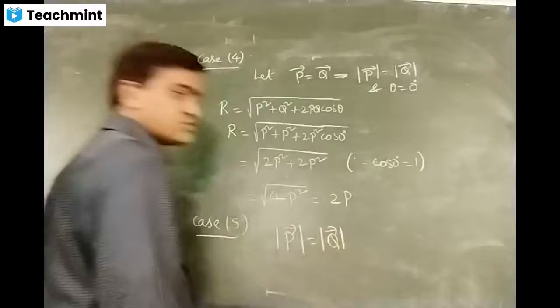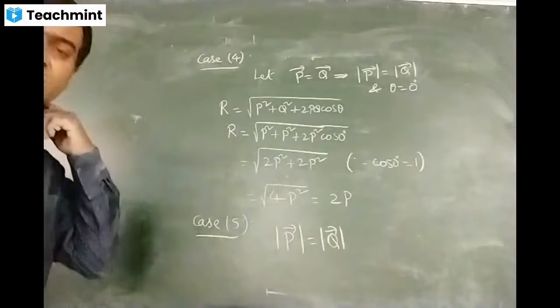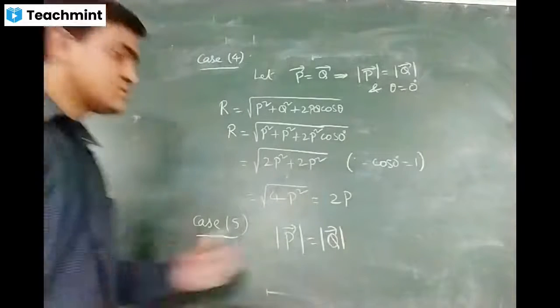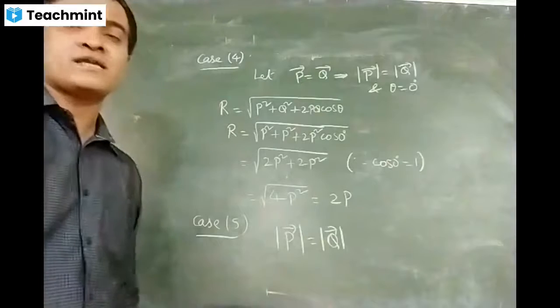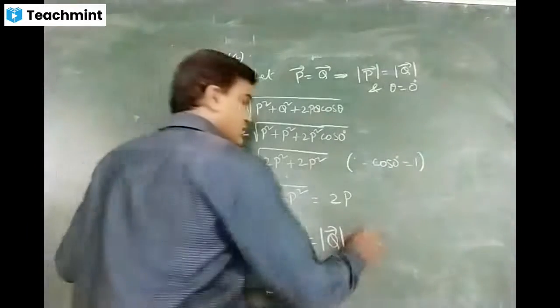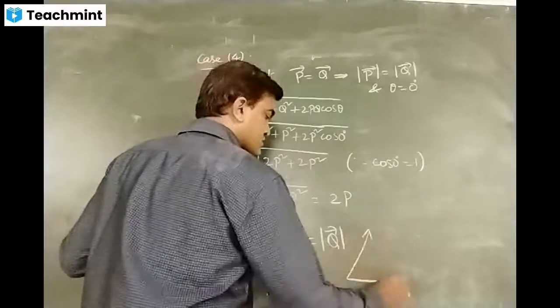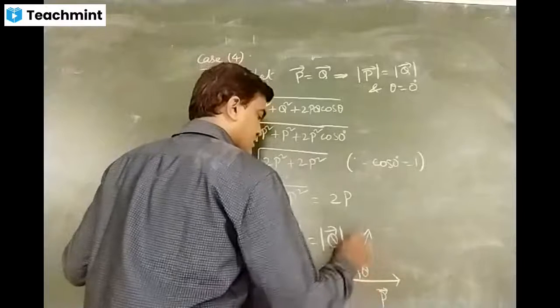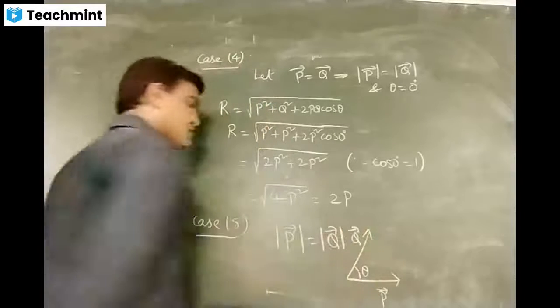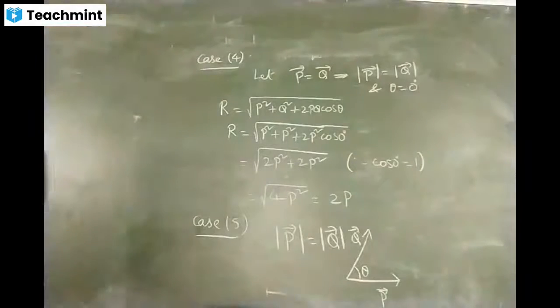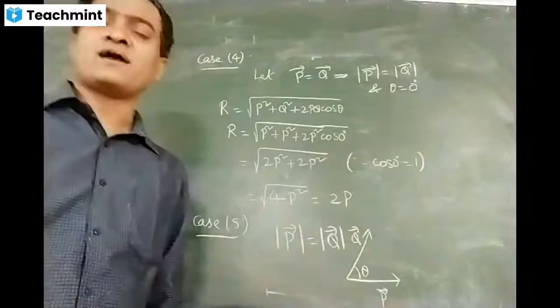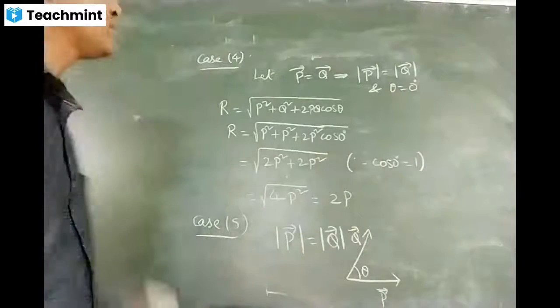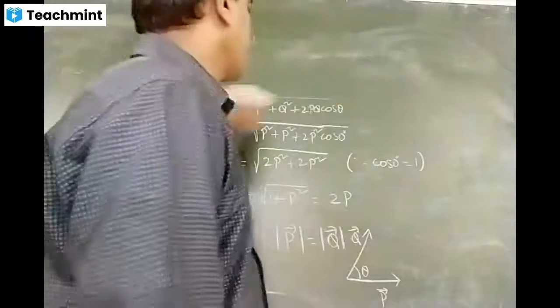This is the given condition, and I did not give any angle. That means these two vectors make an angle theta. Now in this case, if I ask you what should be the value of the magnitude of the resultant, then what will we get?